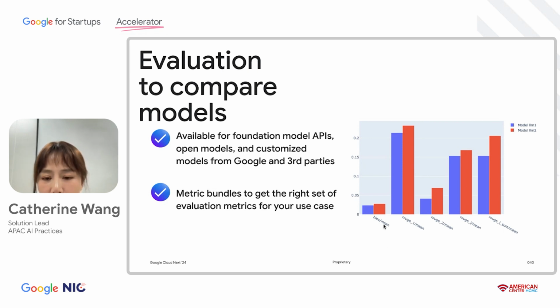Again, those metrics you're seeing here are defined by you, right? And then you can see how the models compare against each of the evaluation metrics. In this particular use case, I'm comparing Gemini Flash 0.1 versus Gemini Flash 0.5. So you can see distinct differences between the two models in different evaluation metrics.